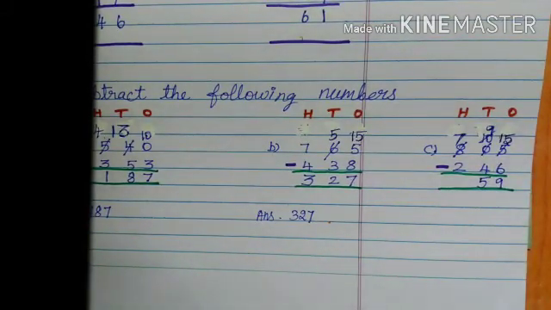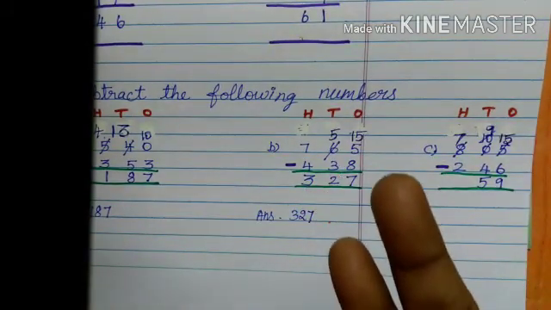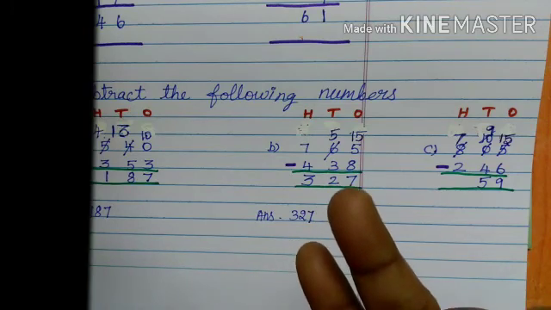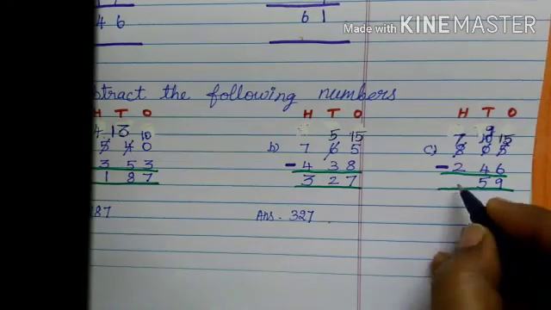Then the next number, the hundreds place, 7 subtract 2. 7 in the mind, 2 on the fingers. Before 7: 6, 5. So you write 5.